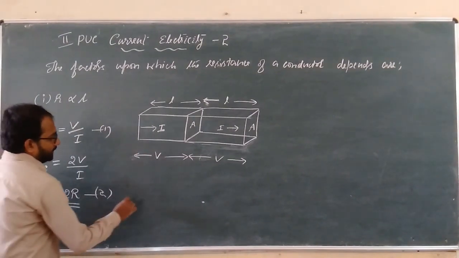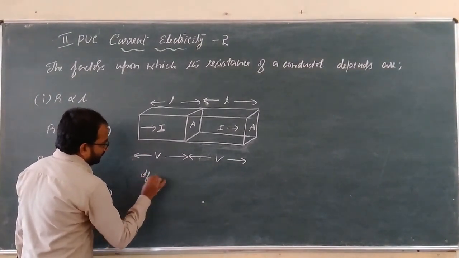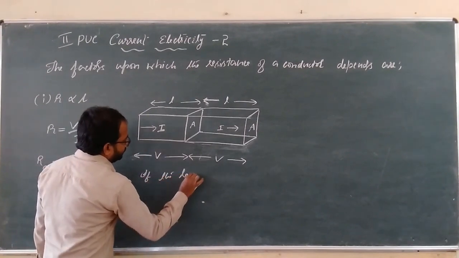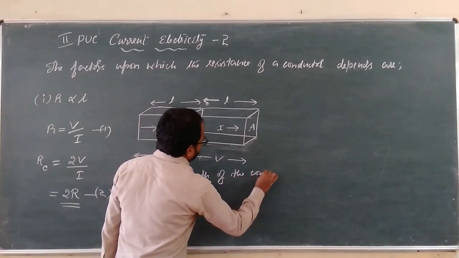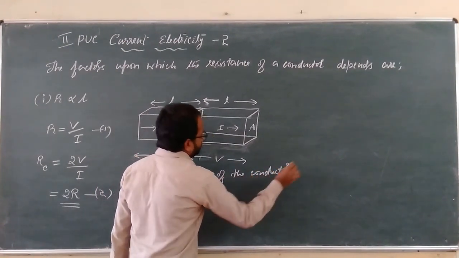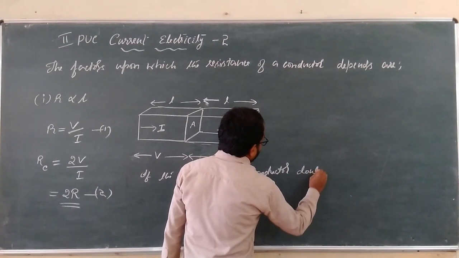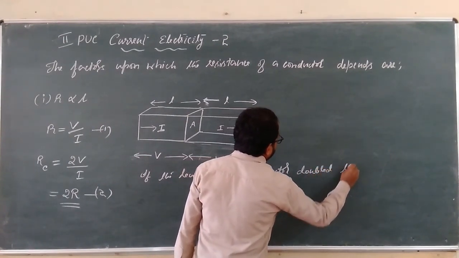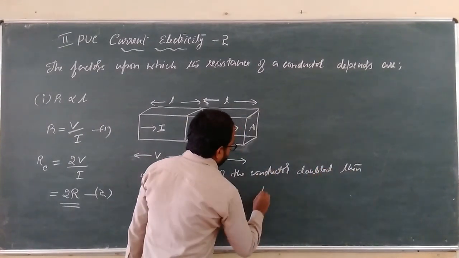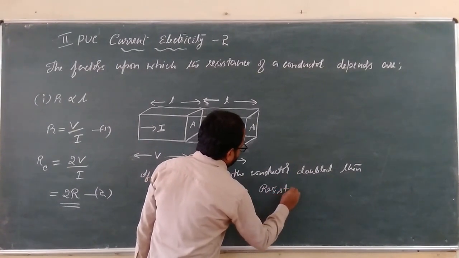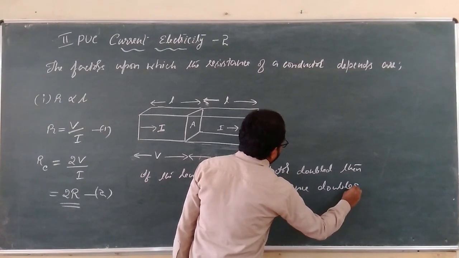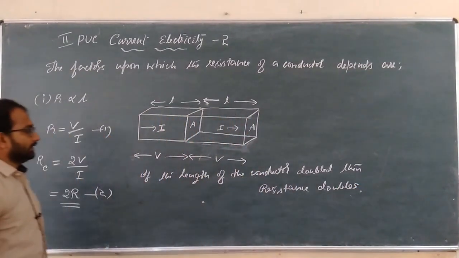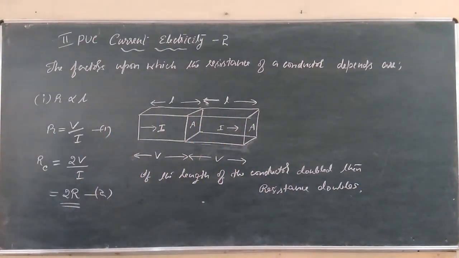Therefore I can conclude, if the length of the conductor is doubled, then the resistance of the conductor gets doubled. If the length of the conductor is doubled, then resistance doubles.